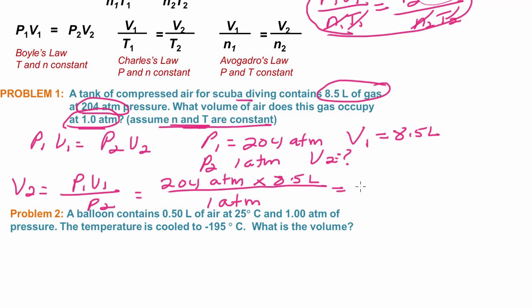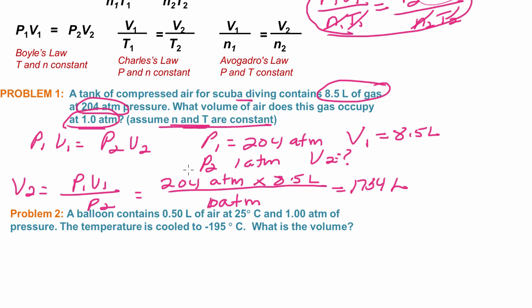And let me put this in the calculator. 204 times 8.5, divided by 1, of course. That gives me 1734 liters. So we have to ask, does this make sense?